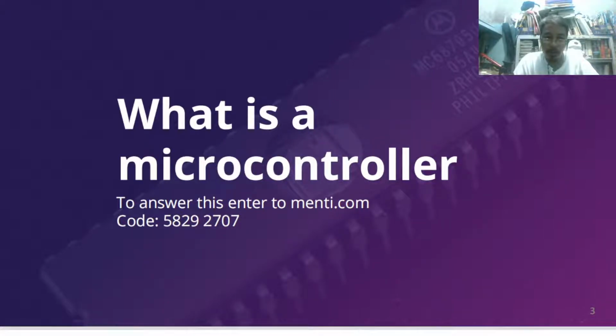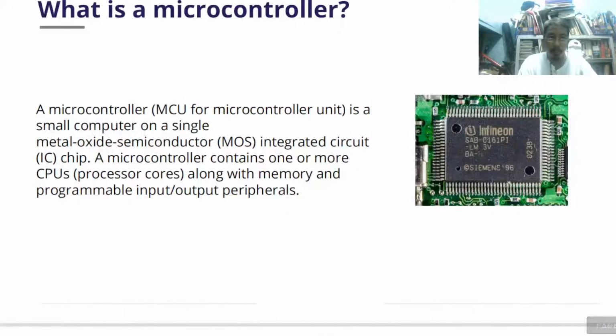What is a microcontroller? So a microcontroller is a small computer on a single metal oxide semiconductor. It is an integrated circuit chip, so IC chip. In short, MCU for microcontroller unit. As you can see on your screen, you have the example of a Siemens microcontroller.